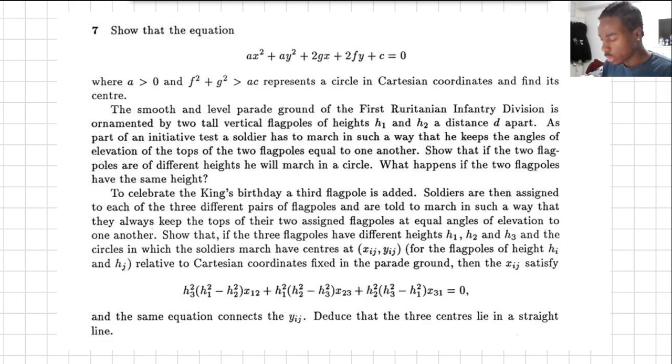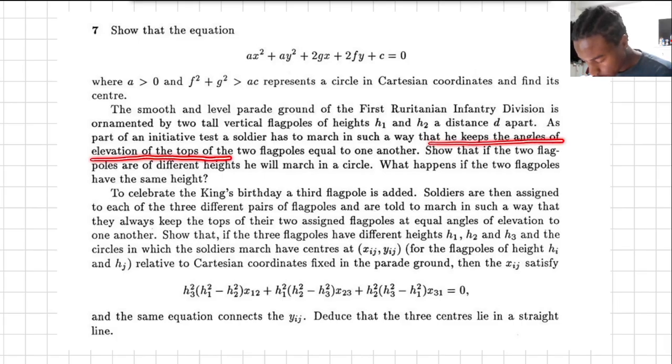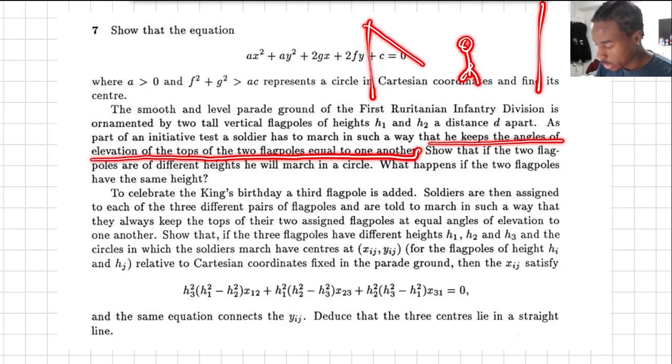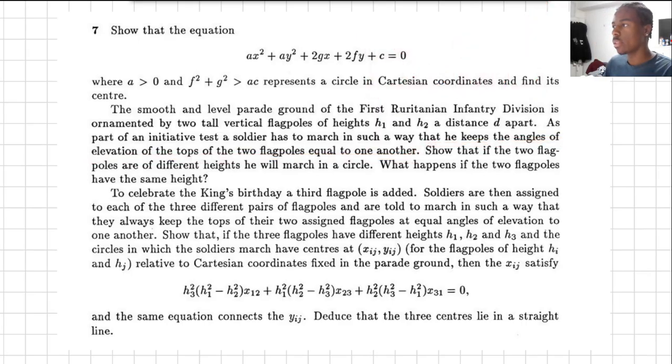So we have a soldier, and it says that he needs to walk in such a way that he keeps the angles of elevation of the top of the 2 flagpoles equal to each other. So if we have our soldier here, and then we have our flagpoles here, he needs to keep this angle at each one the same, all the way along his walk.